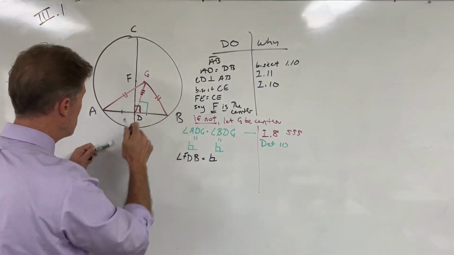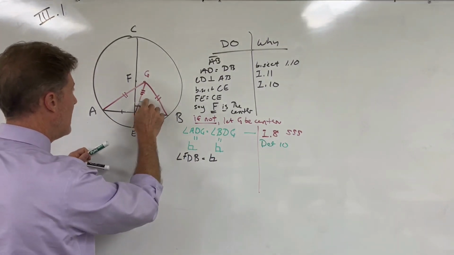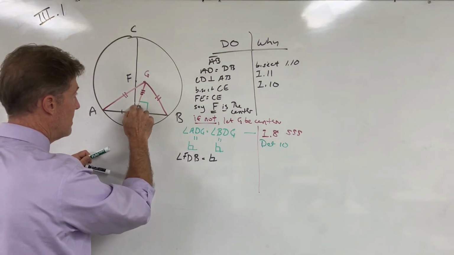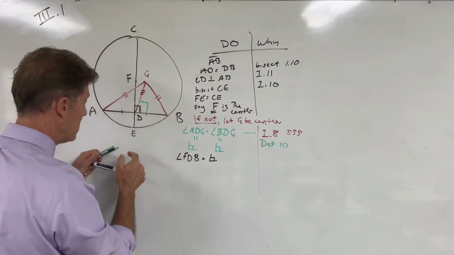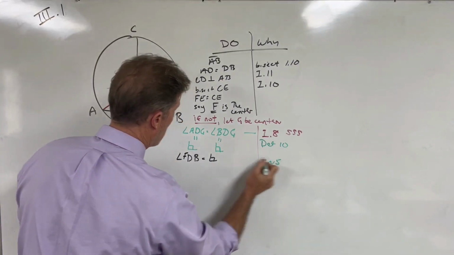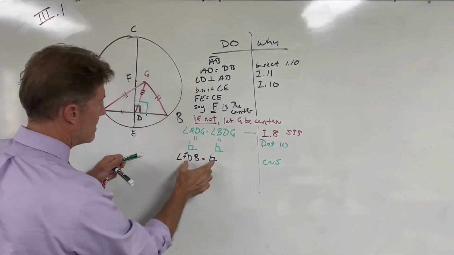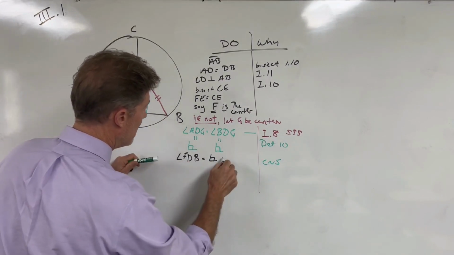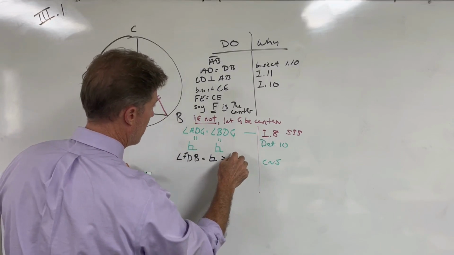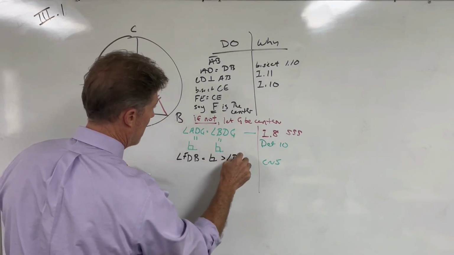And we should notice that the angle in green is only a part of the angle in black. So this would be the whole angle, and this is just a portion. And we know from common notion 5 that the whole is greater than the part. And since this is the whole, this must be greater than angle GDB, or what we're calling BDG.